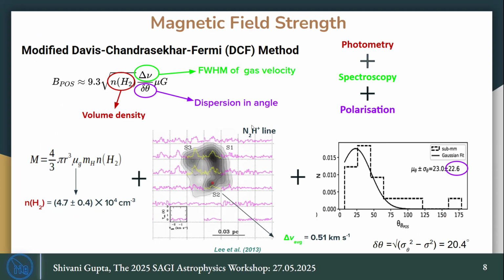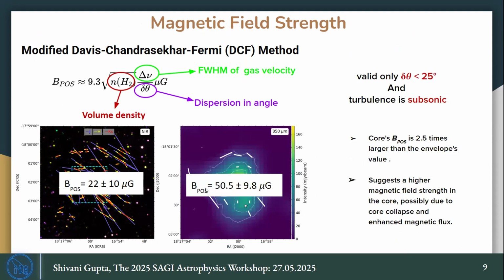By using the N2H+ line, we determine the FWHM of the gas velocities, and by using polarization data, we find the dispersion in angle. By using all these three values, we find that the core scale magnetic field comes out to be around 50 microgauss.